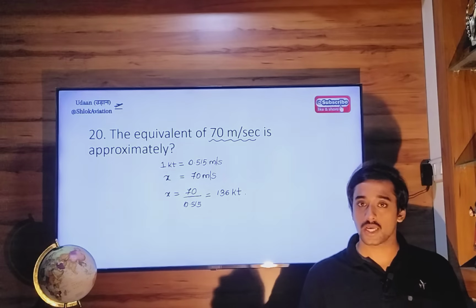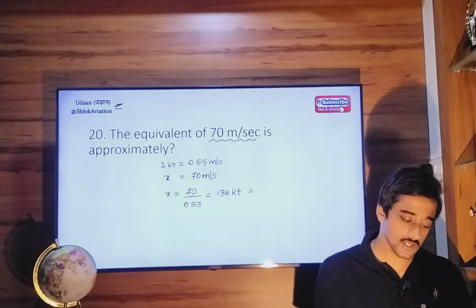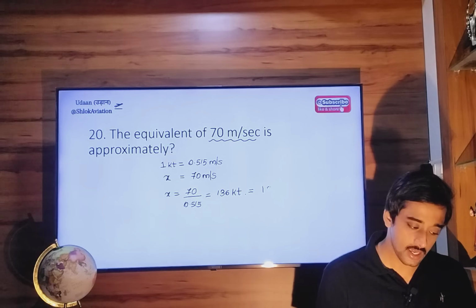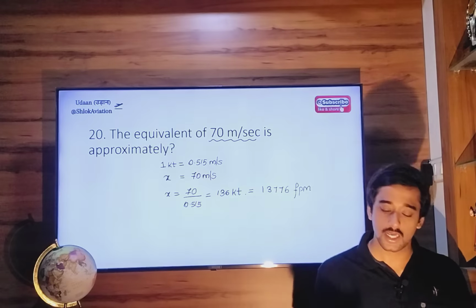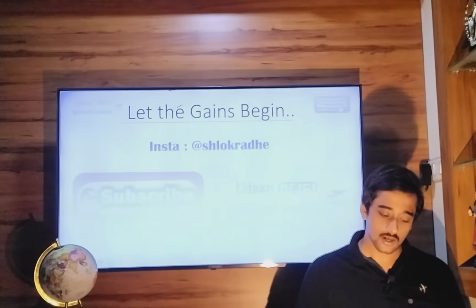Okay, 136 knots. Convert this into feet per minute. So 136 into 101.3 is 13,776 feet per minute. So this concludes the lecture.